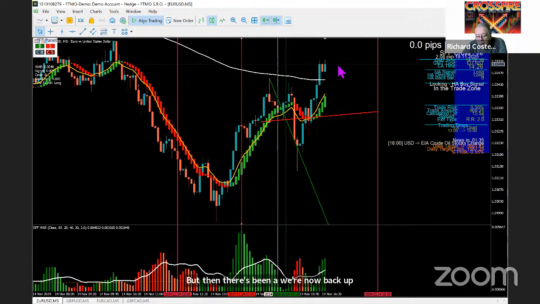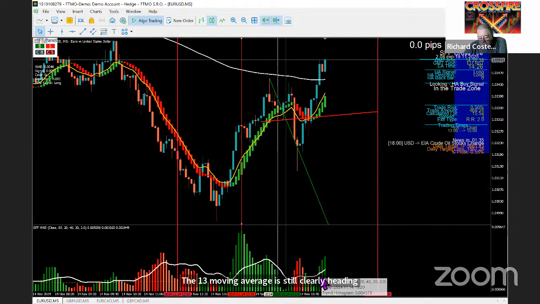And the other thing that I'm seeing here is, see all those three candles? Well, it's just gone above it, but they seem to be struggling to get above that level there, and it's now going above. The 13 moving average is still clearly heading towards that 200, and the water atta is looking good.